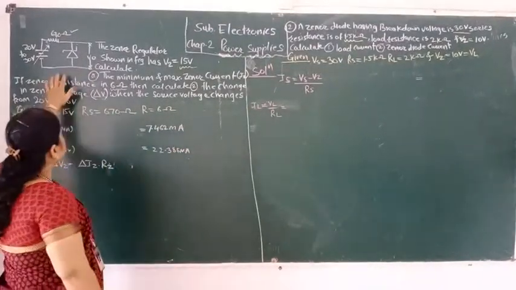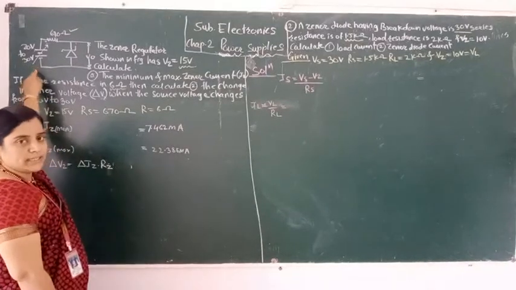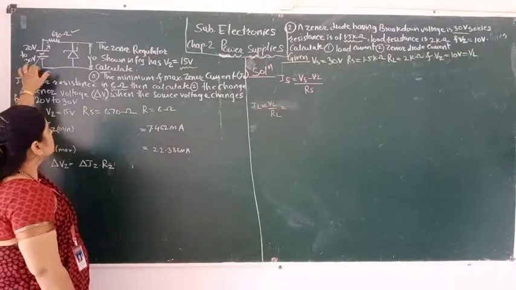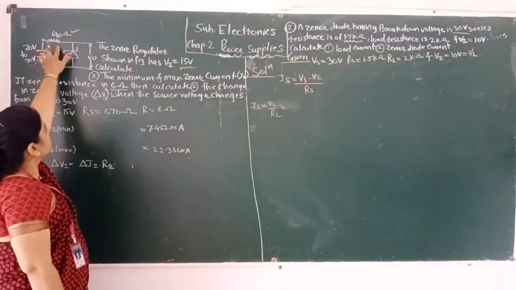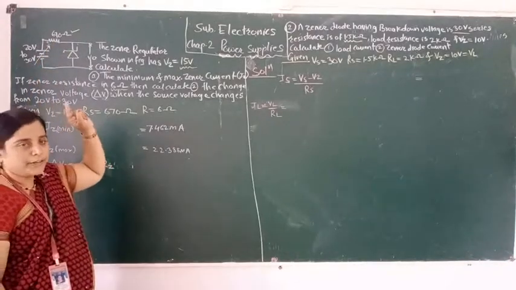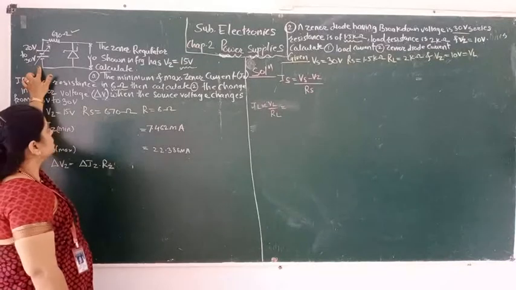See, this circuit diagram is given. The voltage variation is given: the voltage is varied from 20 volt to 30 volt, and then RS, which is 670 ohm, is connected in series with this voltage.